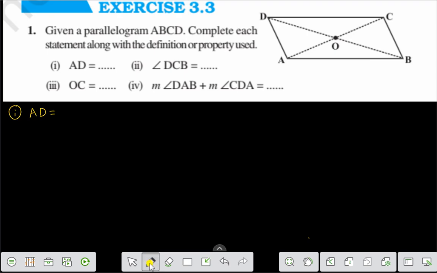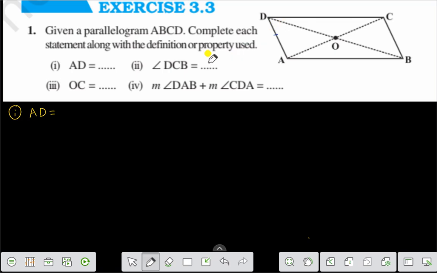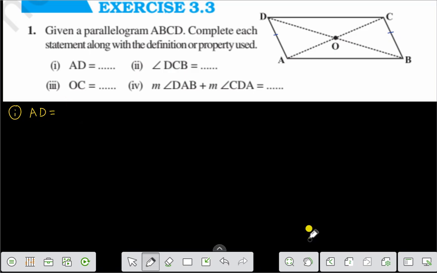That means here you see this side AD, right? It is a parallelogram, therefore AD is equal to CB, right? What is the reason?